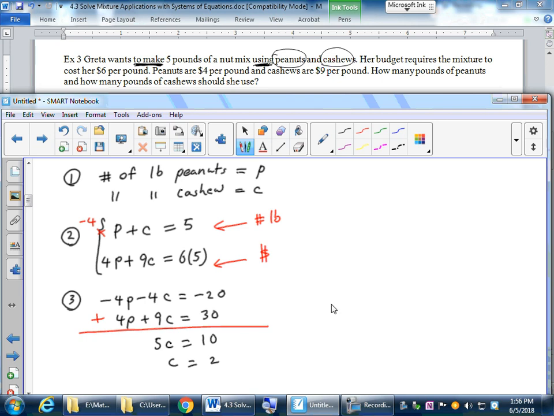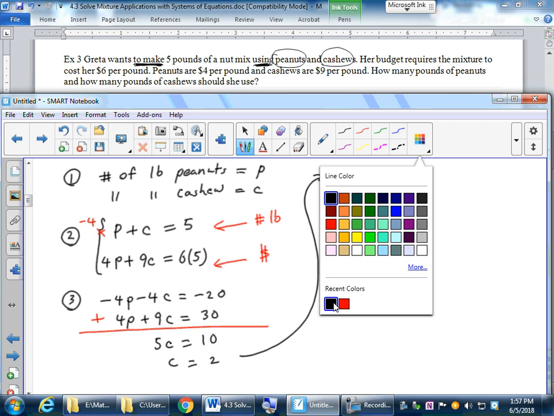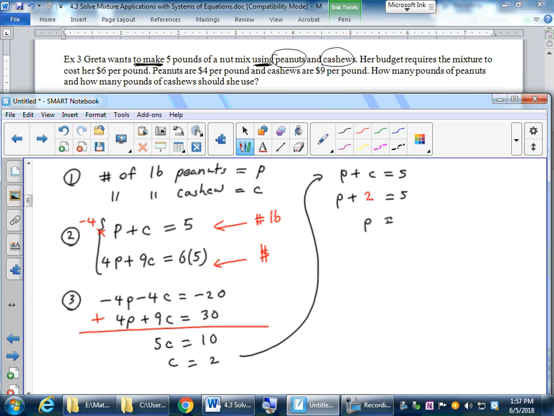Now I can find out what my p is by substituting back into the first equation. P plus c equal to 5. So therefore, p plus 2 equal to 5. And finally, I got my p is equal to 3.